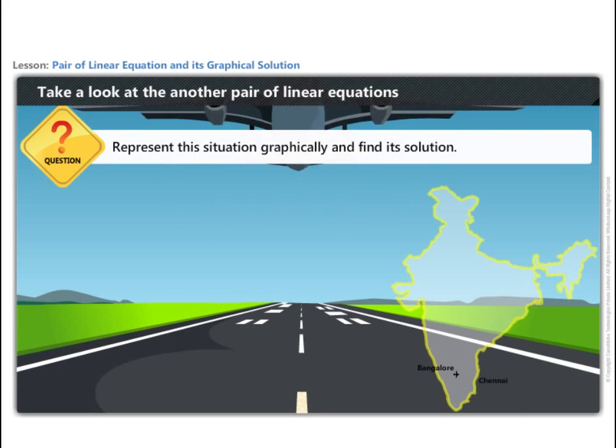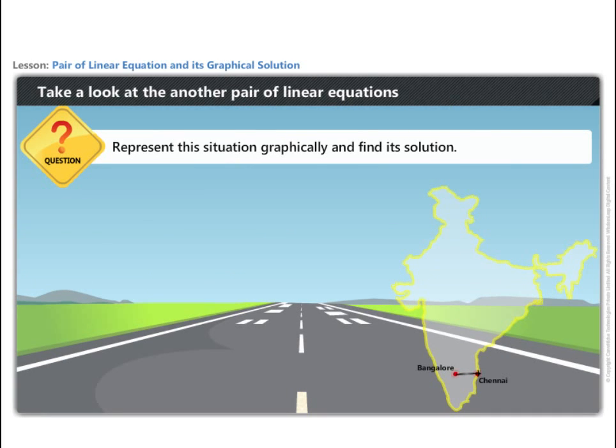The air route from Bangalore to Chennai is represented by 2x minus y plus 9 is equal to 0, and the air route from Delhi to Kolkata is represented by 6x minus 3y plus 10 is equal to 0. Let us represent this situation graphically and find its solution.